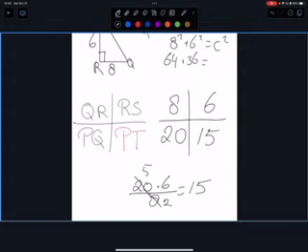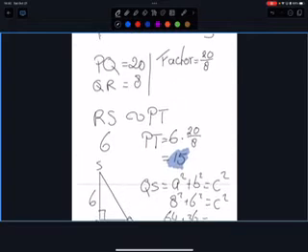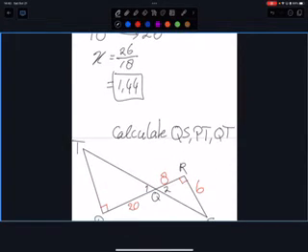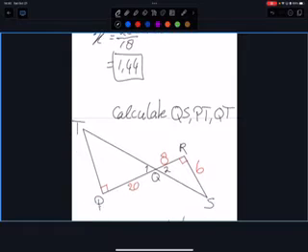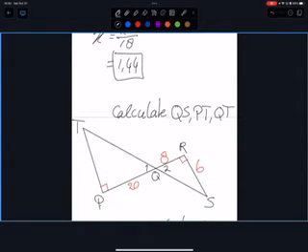Now, do it with the rest. We only did PT. You have QT and QS. Now, QT and QS, if you look at that triangle, you cannot do what we just did.